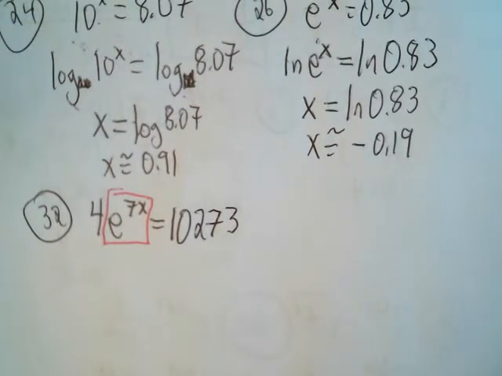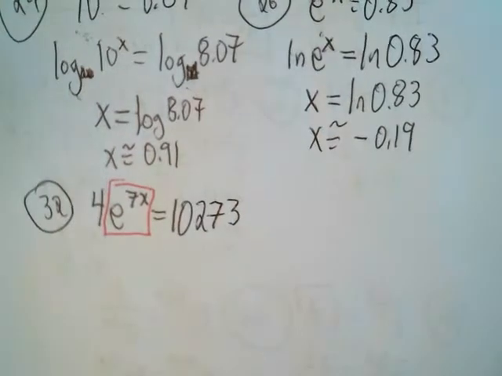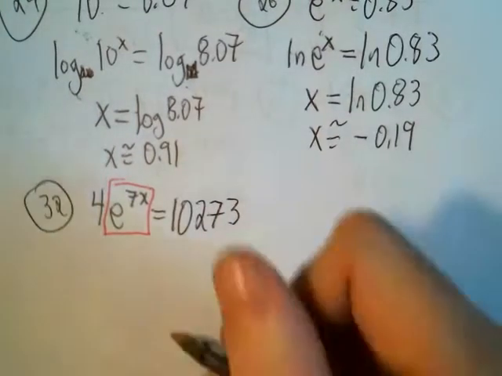So this is a common theme throughout this course, isolating something, like when we did absolute value inequalities or absolute values, we have to isolate the absolute value. When you did radical equations, you want to isolate the radical. So here, when we do exponential equations, you want to isolate the exponential.